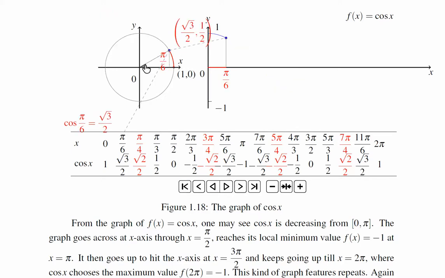So when this x is pi over 6, which is the angle value, then the x-coordinate is radical 3 over 2. So cosine pi over 6 is radical 3 over 2. Okay, that is the x-coordinate.